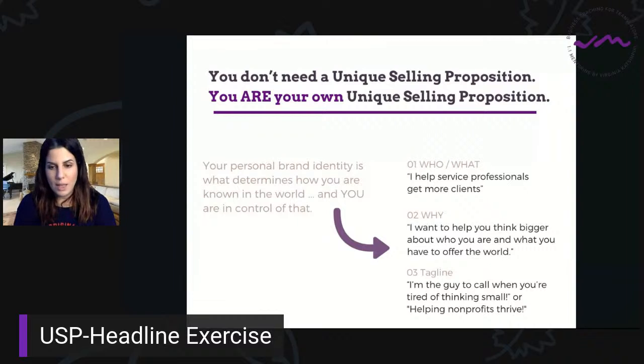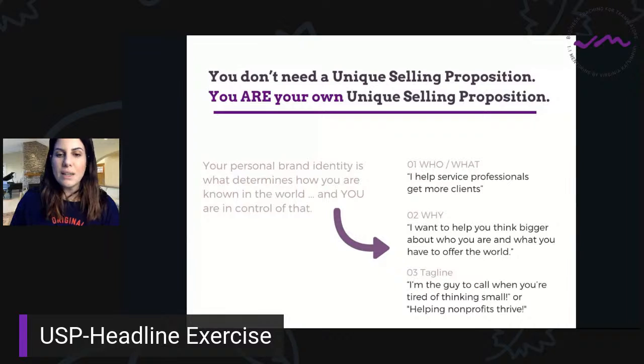And the tagline: I'm the guy to call when you are tired of thinking small, or helping nonprofits thrive. So this is a very short sentence that shows what we do, who we help with what we do, why we help them, and what they achieve.